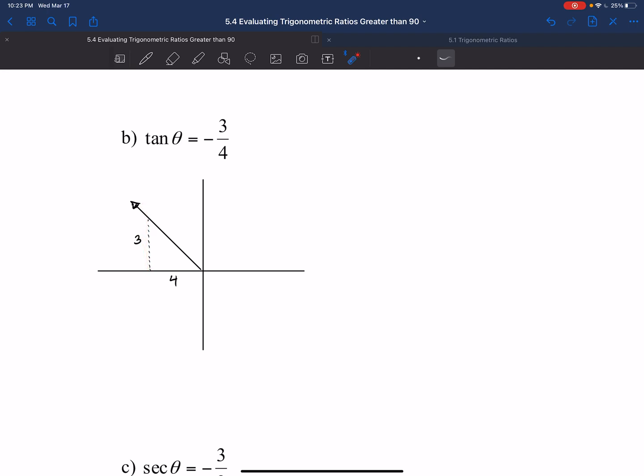So y is positive there, but we went negative on the x-axis. So the 4 is the negative thing. But I don't know r. So I've got to find it. So again, we use Pythagorean theorem, or the equation of the circle. So we get r is 5.